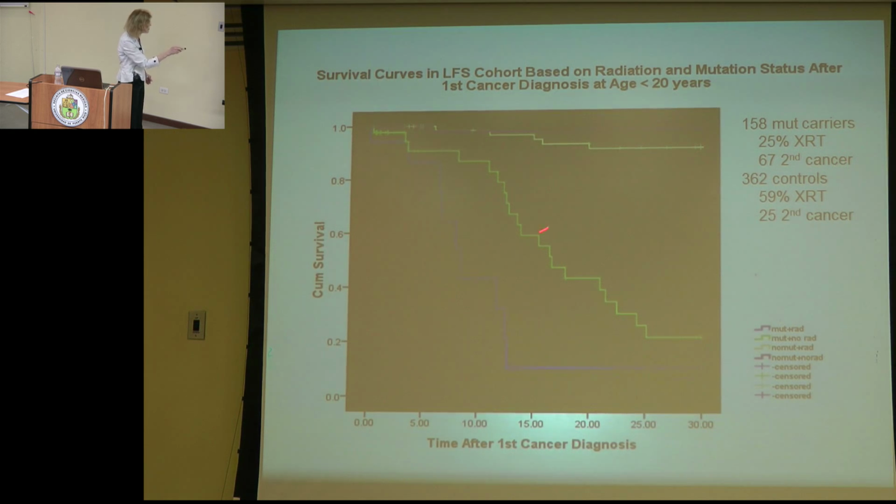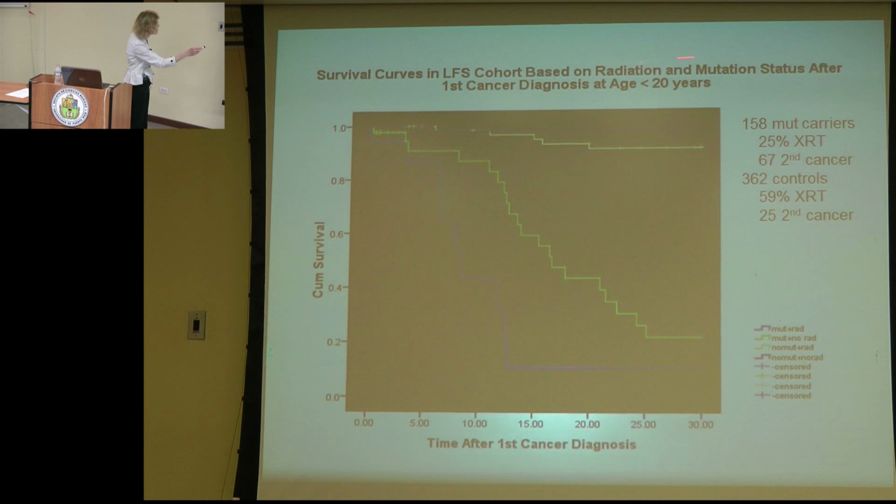These are the mutation carriers, and these are those who do not have radiation. They're just developing second cancers spontaneously. And these are the ones who had radiation and have an extremely short latent period. We usually think about radiation-related cancers being something that occurs 20 years or more later, maybe longer. Maybe if it's a young child, it's a little shorter.